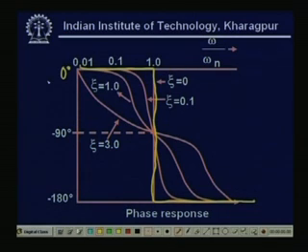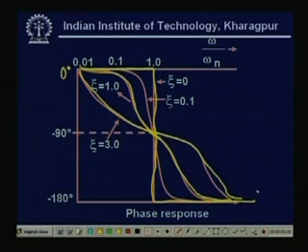And if I slowly increase the value of xi, suppose I made xi 0.1, my response will start to look like this. Similarly, xi equal to 1 is the critically damped system, so the response will look like this. And if it is an overdamped system, the response will go like this.